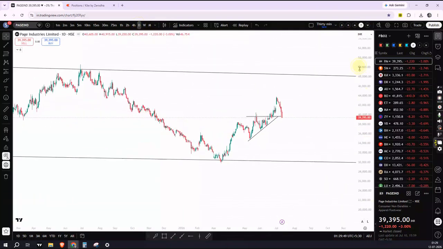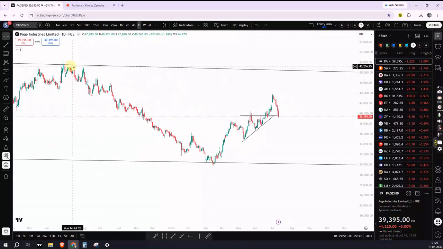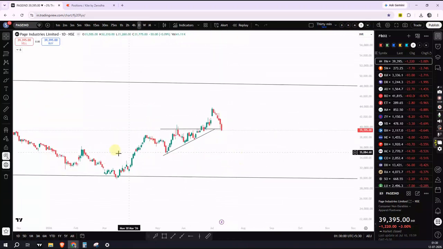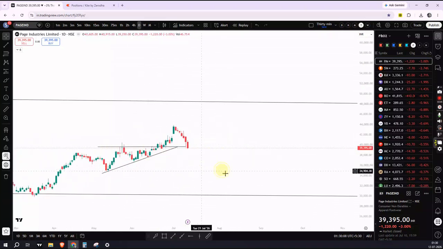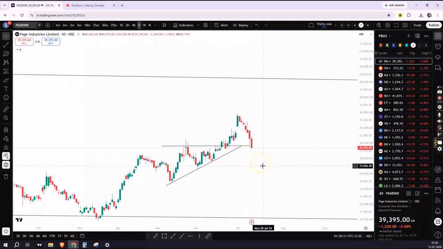In daily, I see what the trend is. There was a downtrend for many months, and then finally it took support at the higher time frame trend line and started bouncing. Once it starts bouncing, I see if I find any good pattern. I draw that pattern and put it in the watch list.